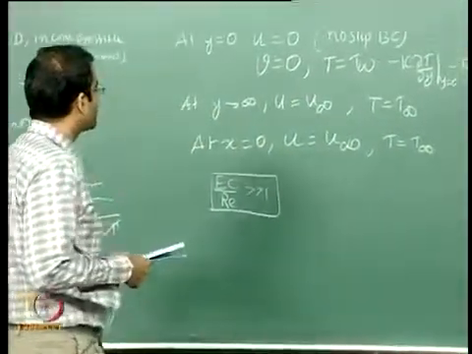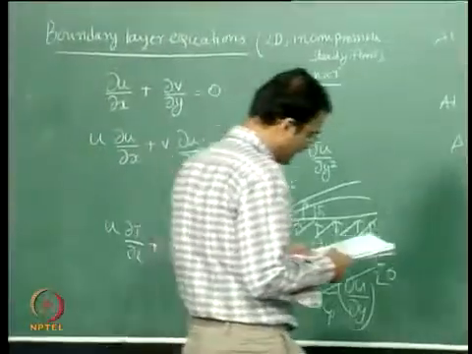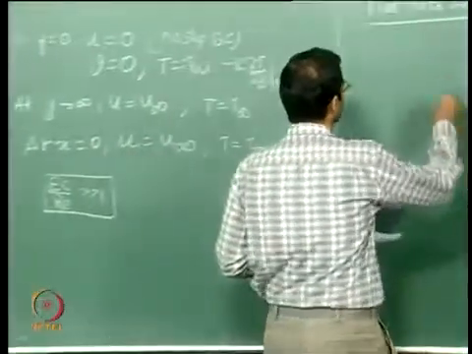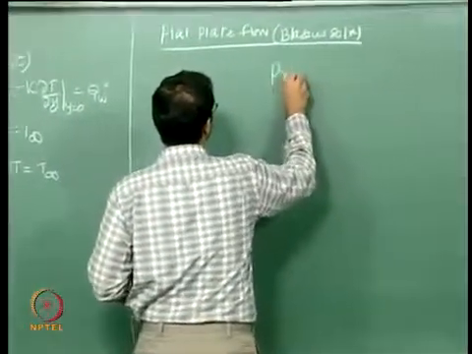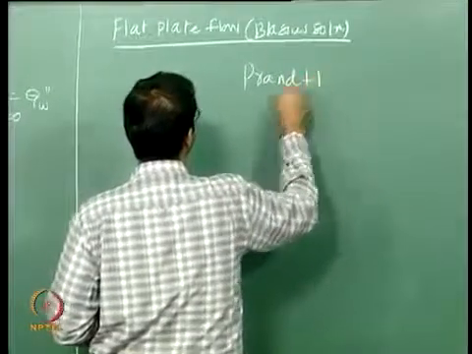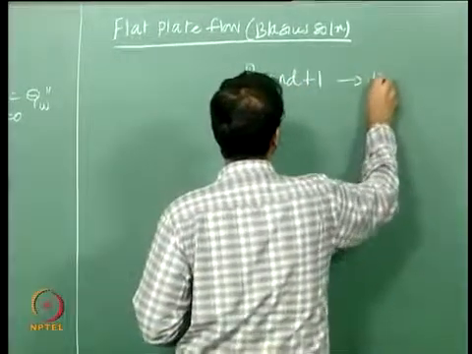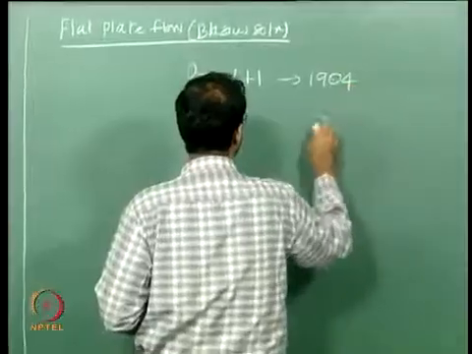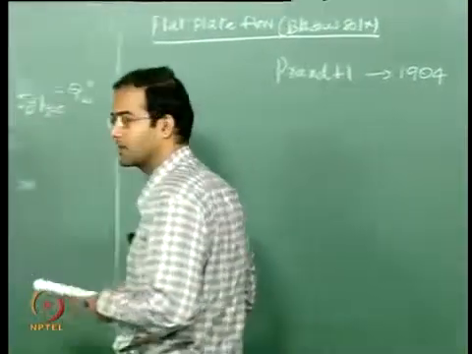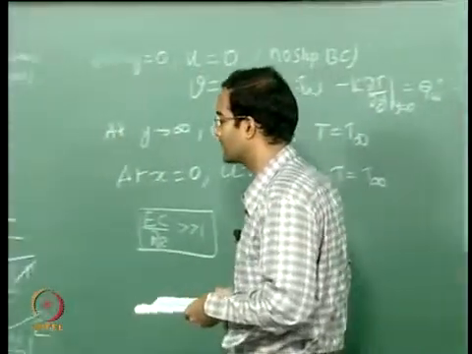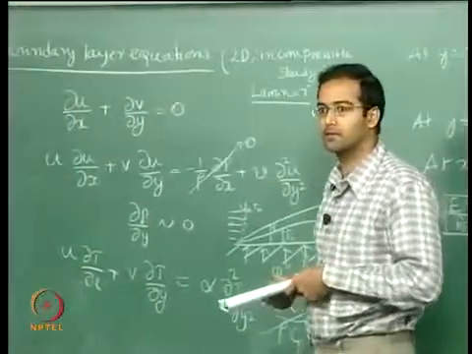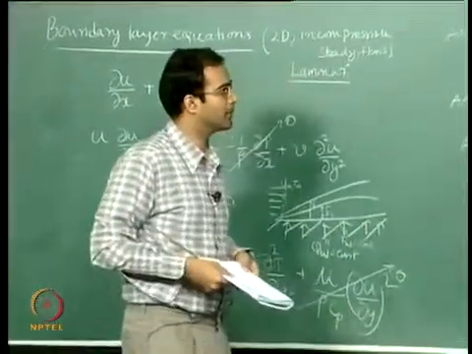Before going into the solution, just to give you a brief history of how this was originally proposed. First it was Prandtl who pointed out in 1904, Ludwig Prandtl, a very famous German physicist, mathematician and aerodynamicist who was credited with the invention of the concept of the boundary layer.